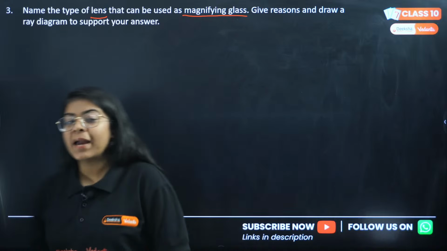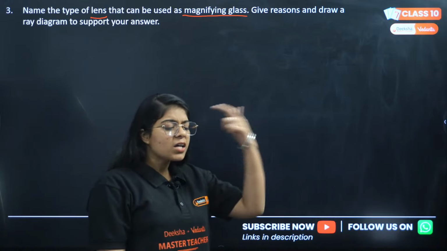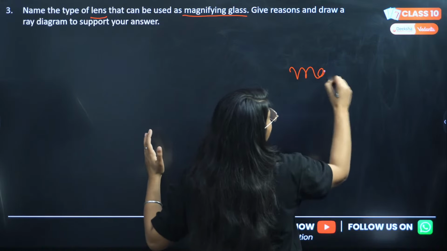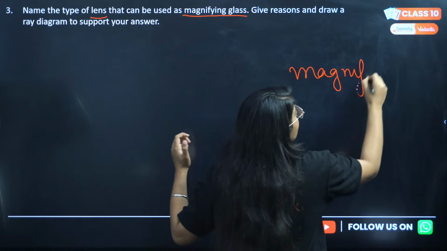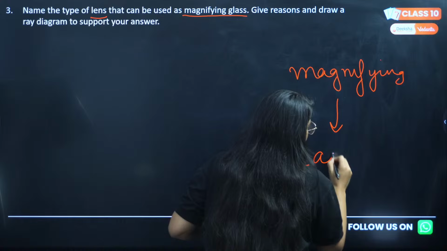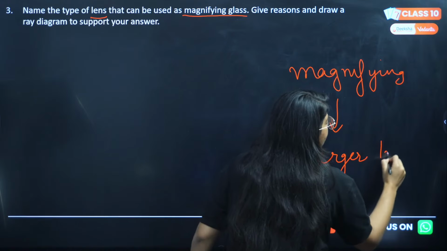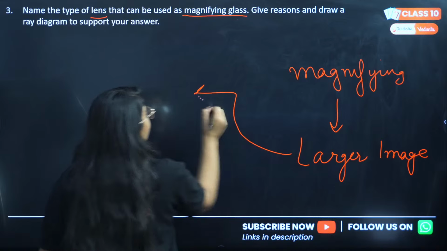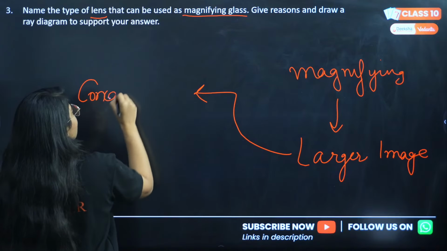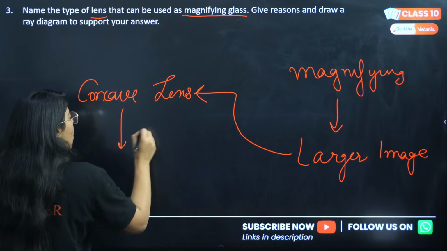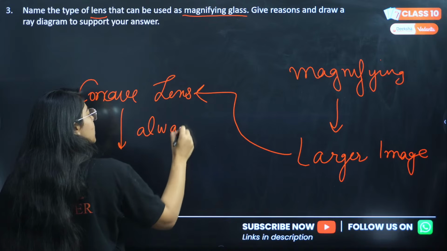Okay, for a magnifying glass, the first thought you should have in your mind is that I should have a larger image, correct? The image should be larger. And immediately I know that my concave lens never makes a larger image, it always forms a diminished image.